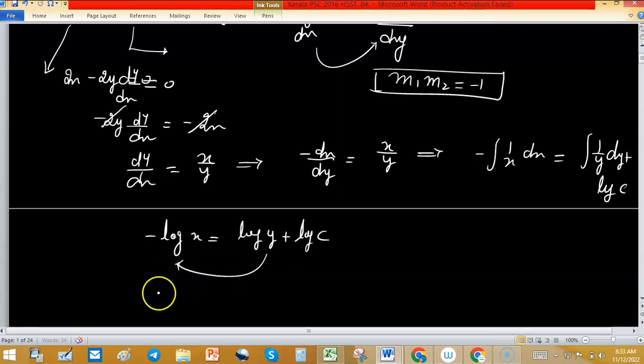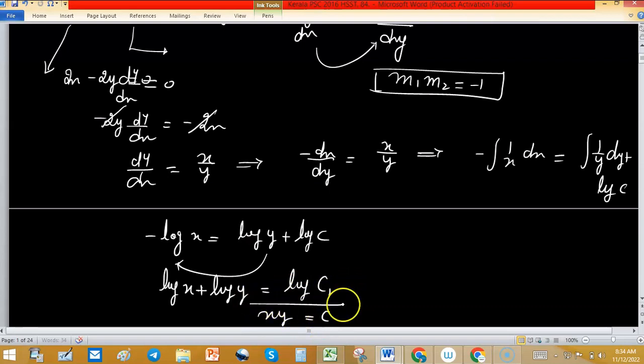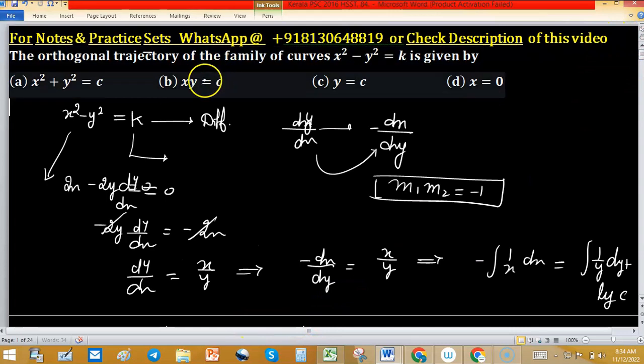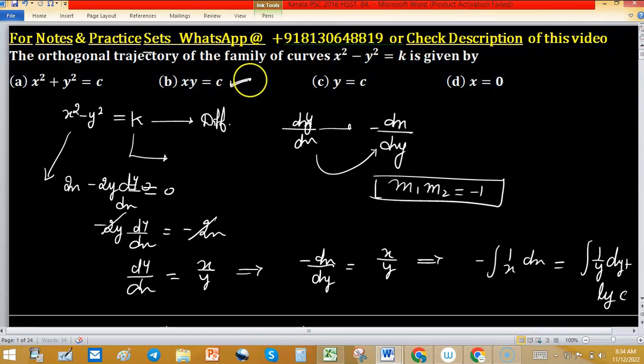Transposing the terms, log x plus log y equals log of another constant c1. It means xy equals c. This is the orthogonal trajectory, xy equals c. Option B is correct.